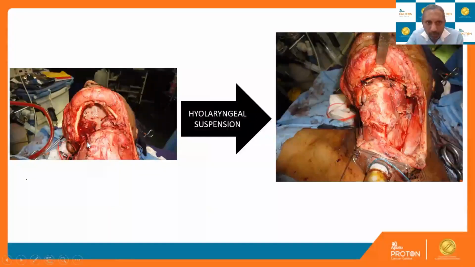As I told you, additional procedures are very important, especially hyolaryngeal suspension. You reconstruct the defect with good volume, then you need to anchor the hyoid to the mandible with good Crowlin sutures, so that when you swallow, the larynx is elevated.